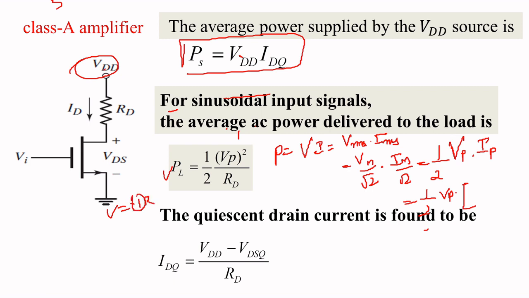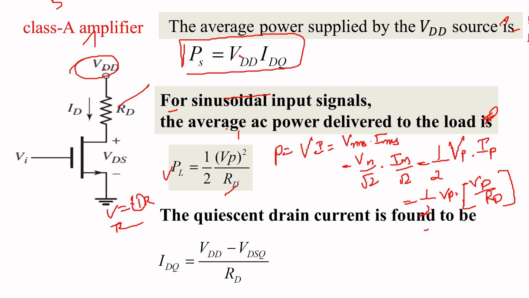I want to find I, so that means V by R. So I can write Vp by R, and here Vp by RD, because your output resistance is RD. It was included, so with that you can see Vp into Vp, that is Vp squared divided by RD, into 1 by 2.